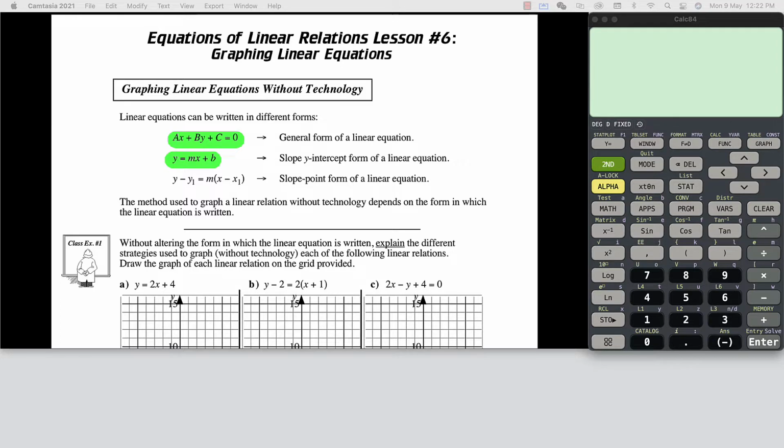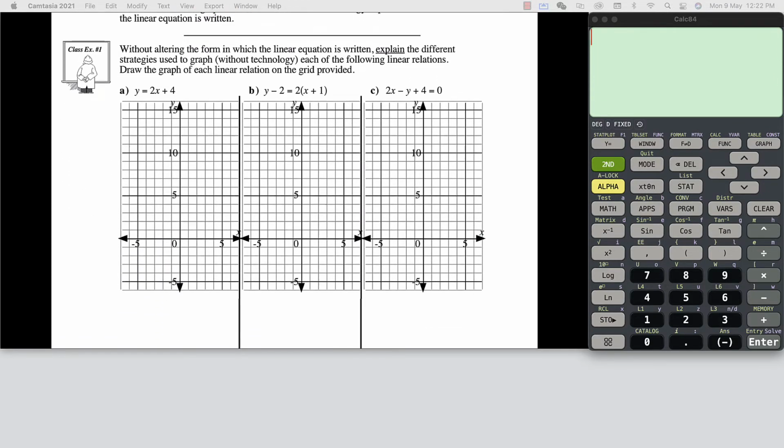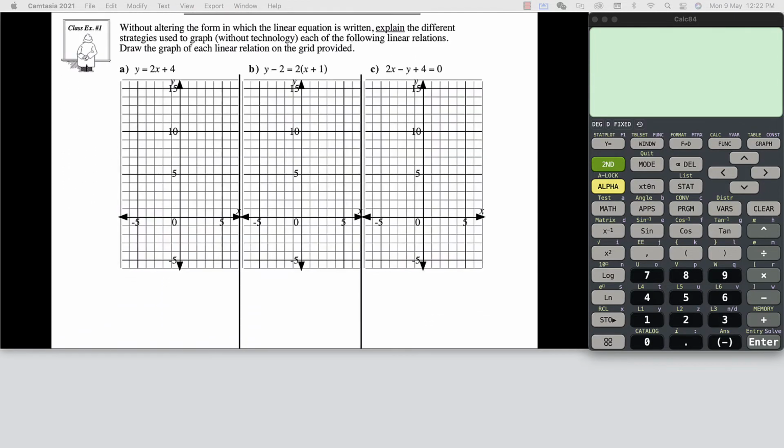And we've got the slope point form, which is y minus y1 is equal to m times x minus x1. So if we go to class example 1, we can see that there are three different graphs with three different forms of the equation.